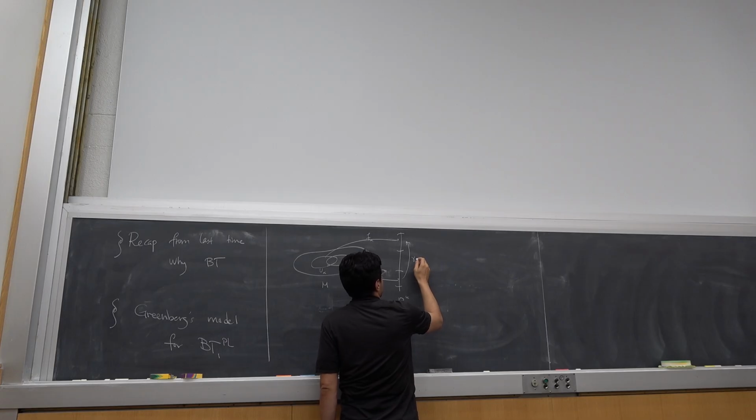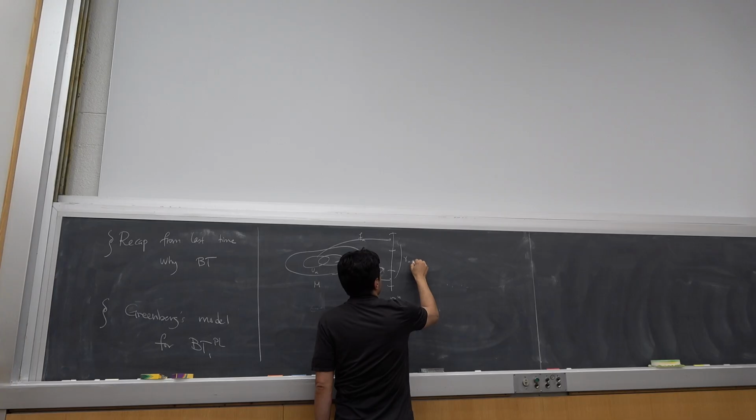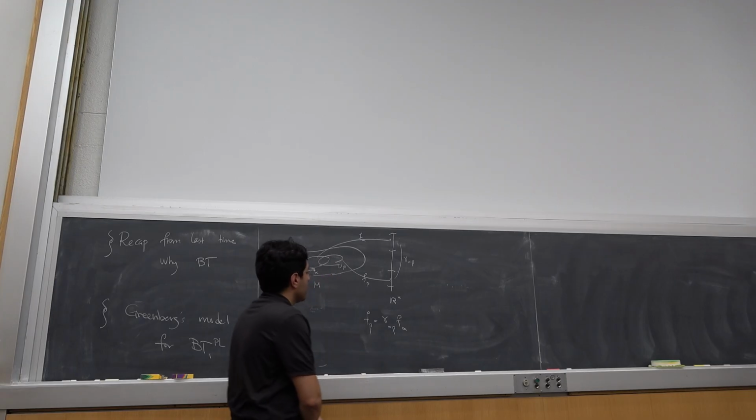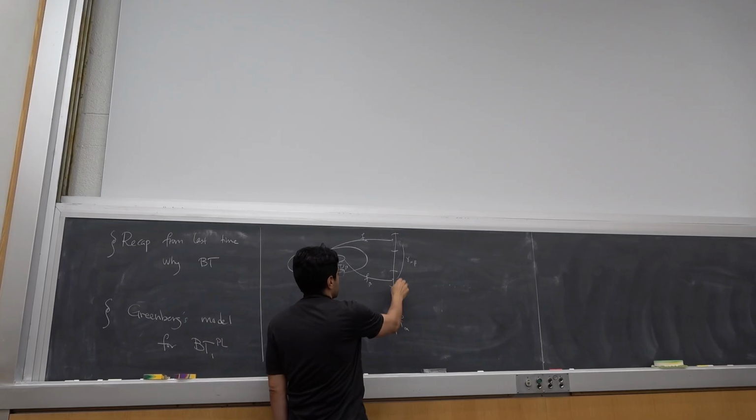So this is what the direction is. So F_beta is F_alpha composed with the transition.